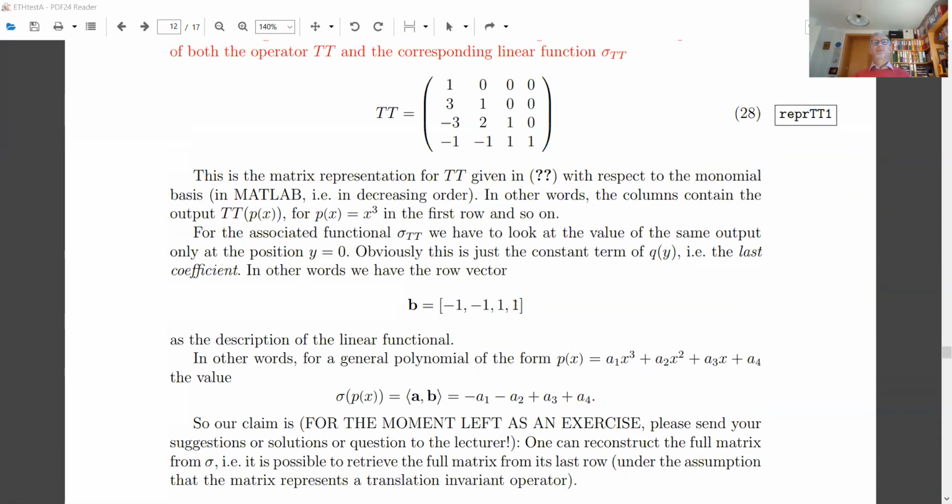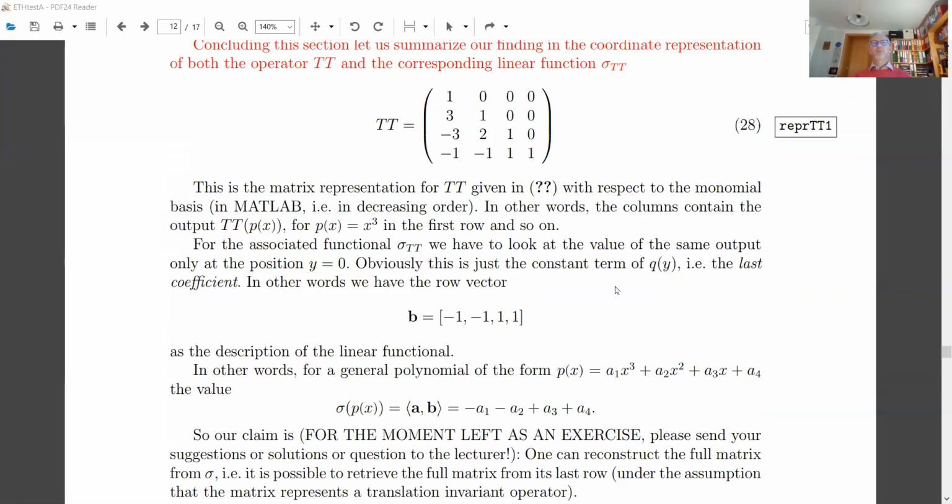If you look at this situation from this point of view, the claim of the abstract situation in the last course is: if somebody is giving you the T, you can find the sigma or the row vector B. In this case, just throw away everything, take out the last row.